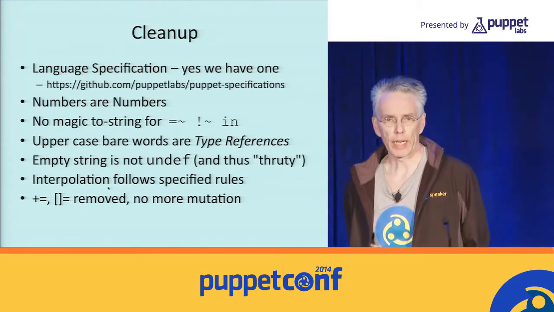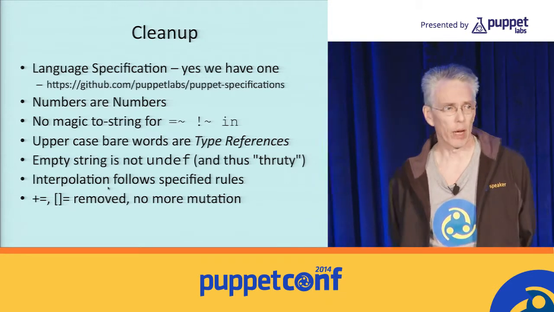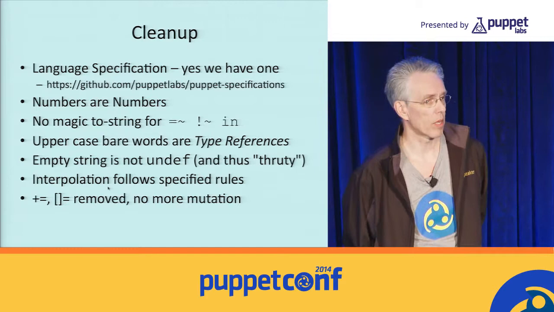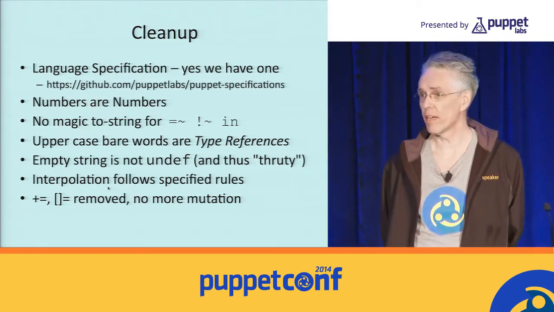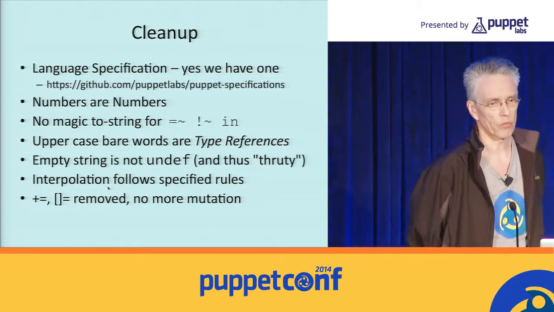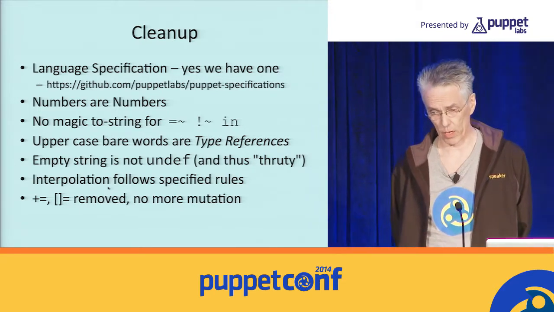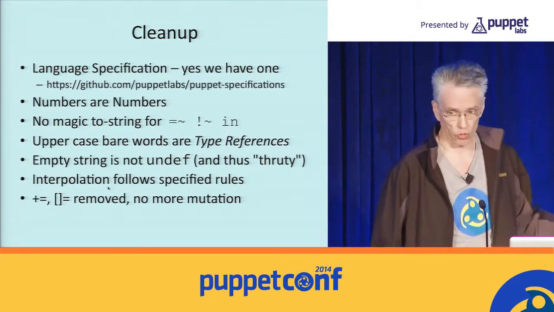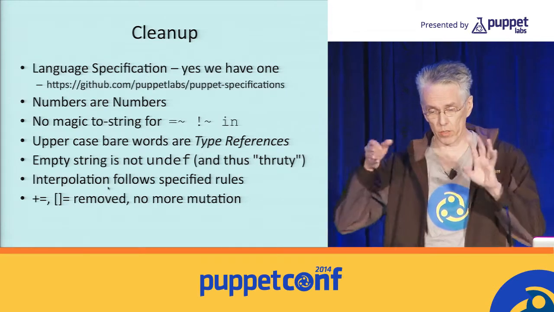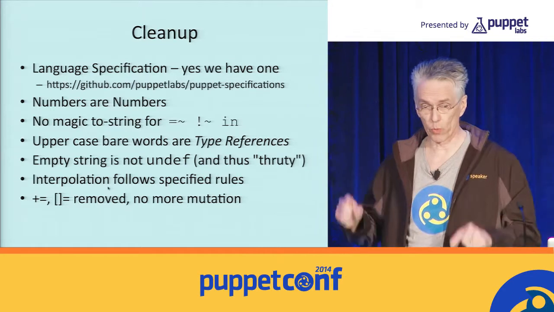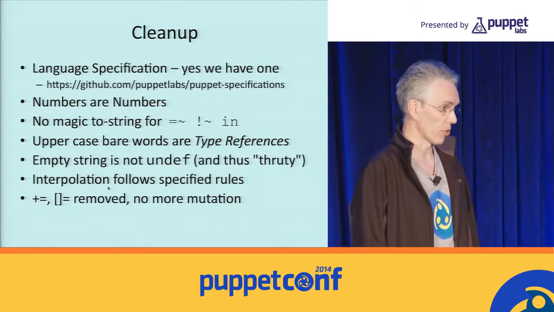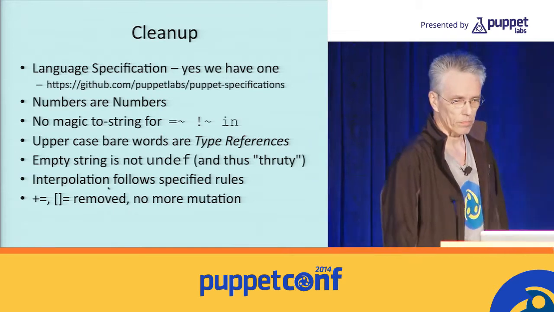Some of the other cleanup things: numbers are now numbers. This is a big change. Puppet has always had one data type, string, plus array and hash, but everything was strings, which was really difficult because it causes lots of the confusion you saw on the earlier slide. Now, if you have written something that looks like a number and you haven't quoted it, it is going to be treated as a number, an integer or a float, depending on its format.